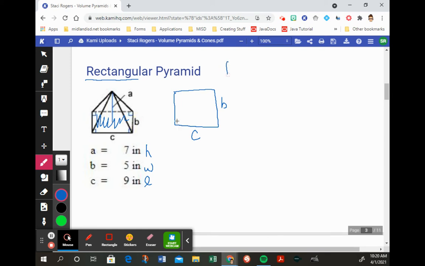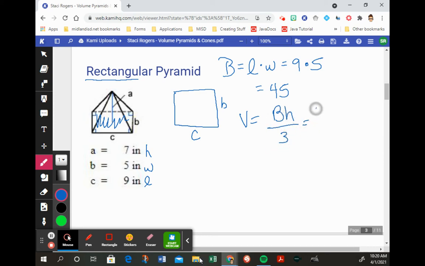Because if I remember, B for a rectangle is length times width. And in this case, it would be 9 times 5, which equals 45. And then I'm going to say volume equals big B times H over 3, which is equal to 45 times 7 divided by 3.